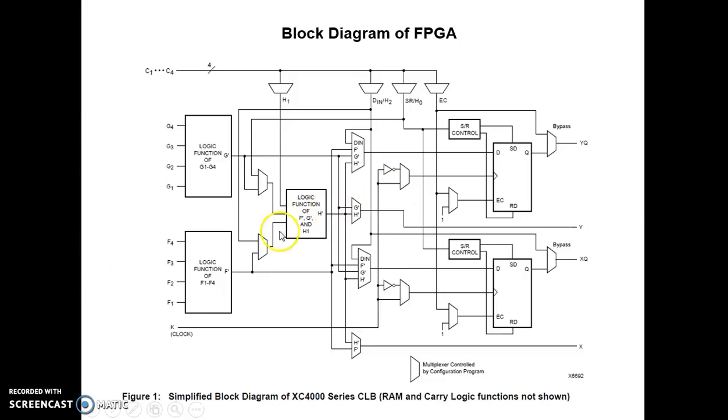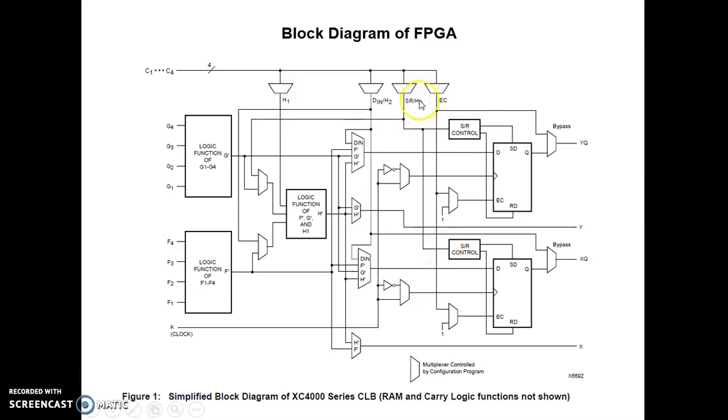With appropriate programming of multiplexers, the output of function generators can be directed to CLB outputs X and Y, or they can be captured in edge-triggered D flip-flops F1 and F2. There is a clock enable signal.